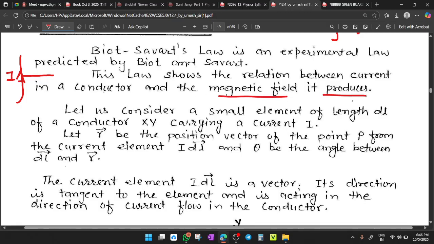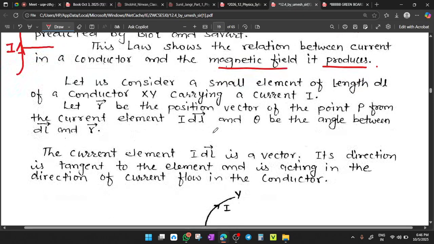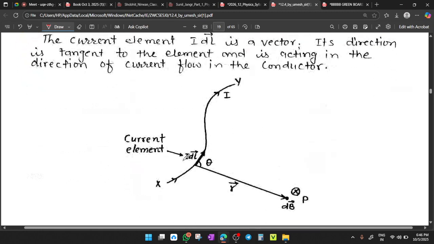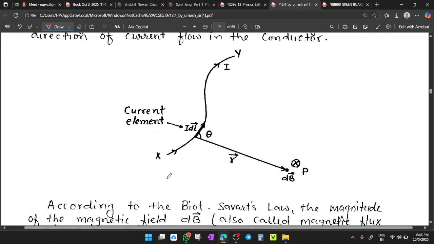It produces. So let us consider a very small current element, a small element of length dl of a conductor xy. Here it is a total conductor of varying length and varying direction, x and y. It is a random conductor, any random conductor you have. This random conductor may have infinite current elements.